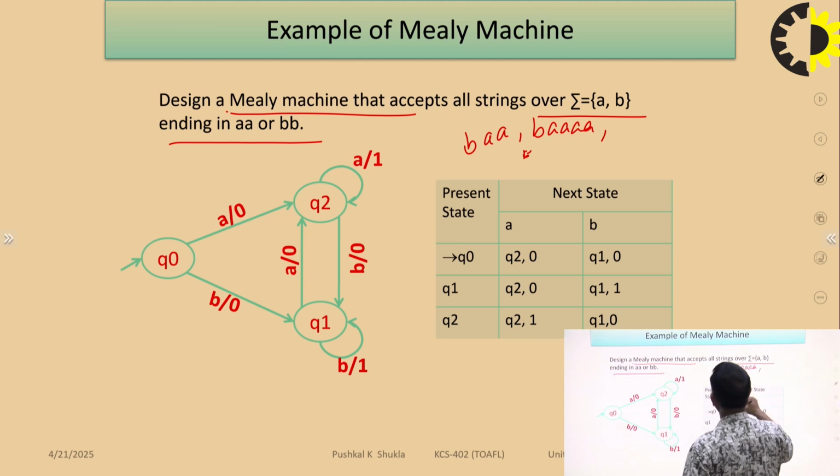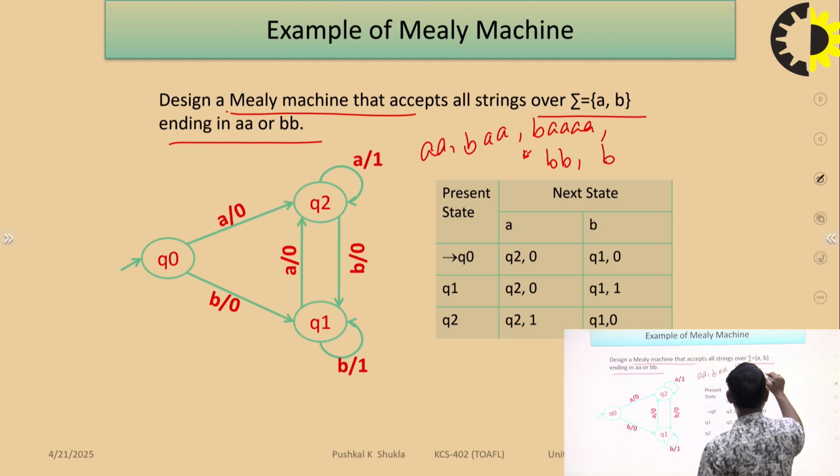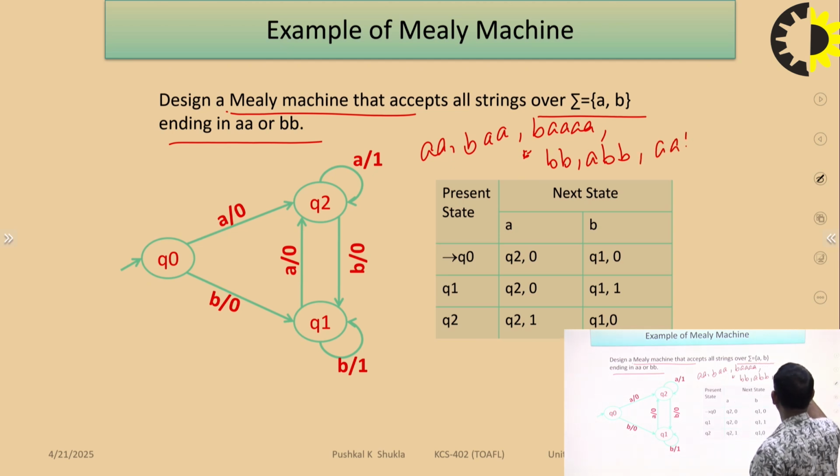This type of string, and strings ending with BB, like BBABB, ABB, are going to be accepted by the Mealy machine.